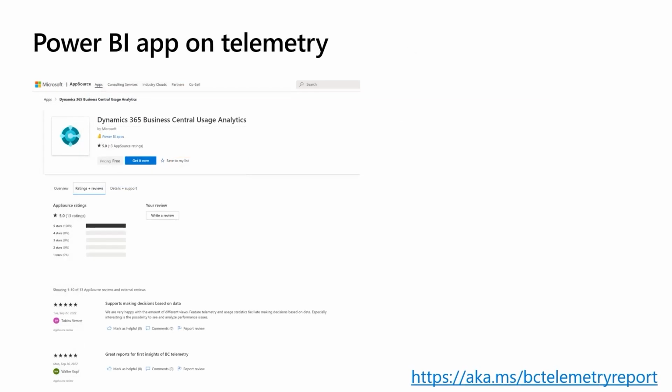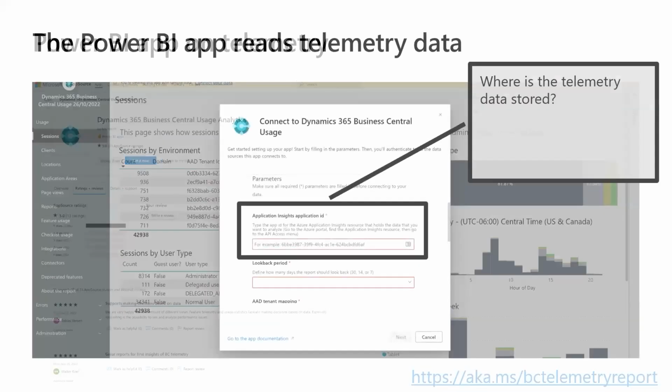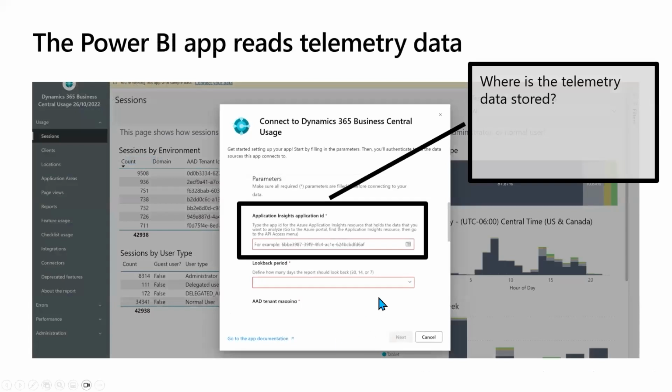The Power BI app exists on Microsoft AppSource. You can either search for Business Central Usage Analytics and install it there, or you can go to this URL here, aka.ms/BCTelemetryReport. That will take you through the full installation of the Power BI app. When you have installed it, you need to specify where the data is located.